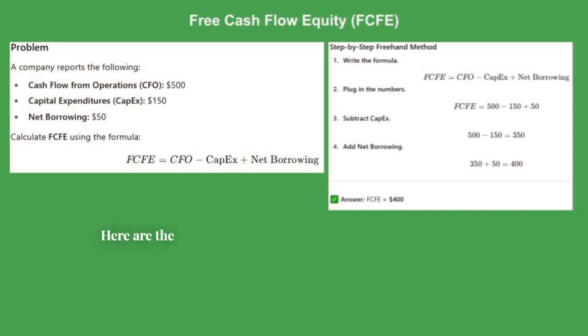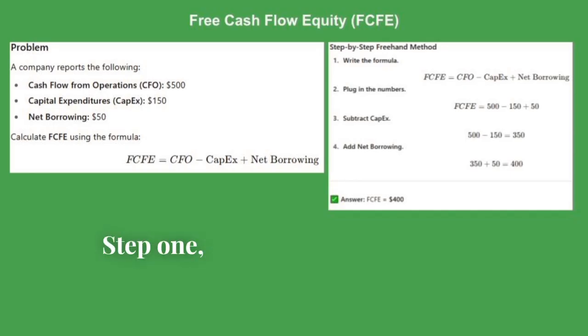Here are the numbers. Cash flow from operations is 500. Capital expenditures are 150. Net borrowing is 50.